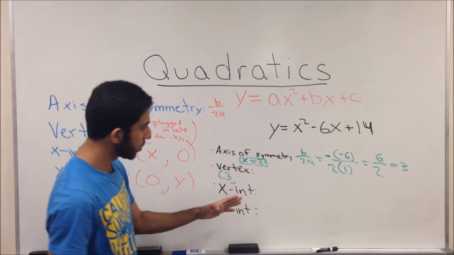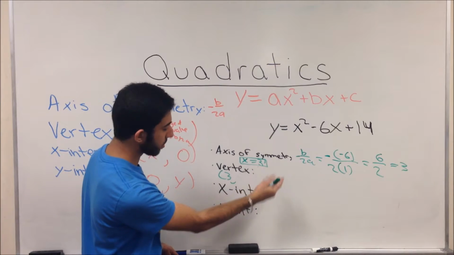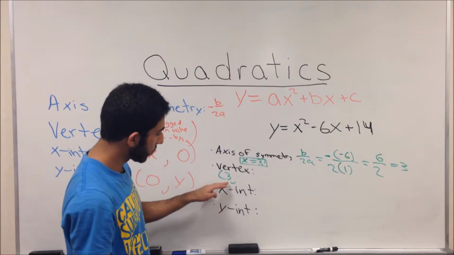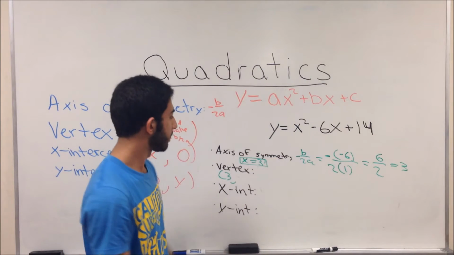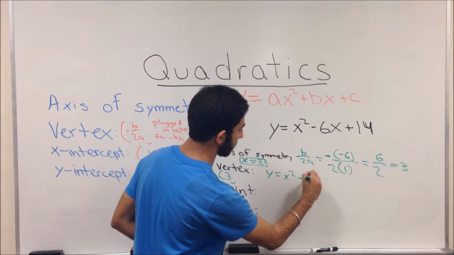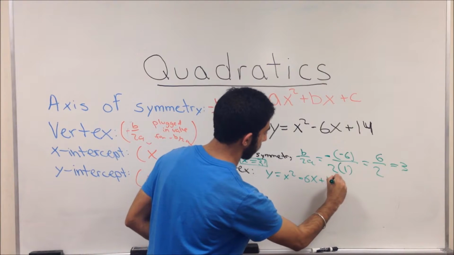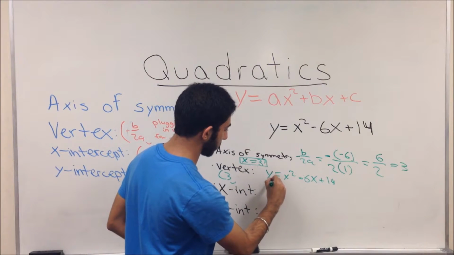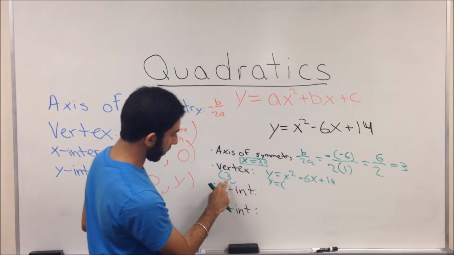So here, what we're going to do is we know our axis of symmetry is 3. So we plug 3 into the equation. So y equals x squared minus 6x plus 14. And we plug it in. So y equals, plug 3 into x.